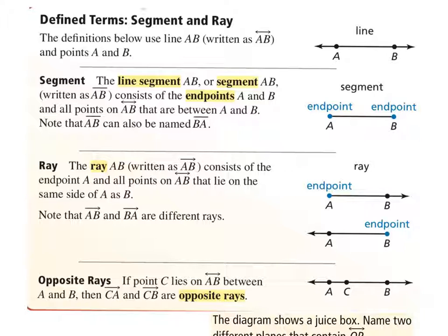A little bit different is rays. If I want to talk about a ray, I can't interchange them. It depends on which way this thing is going. So if my endpoint for this first one is A and it continues on forever and ever through B, I'm going to label my ray like this and just put the arrow over the B. And vice versa, if it starts at B and continues on and on forever through A, I'm going to label it like this. Do not do this.